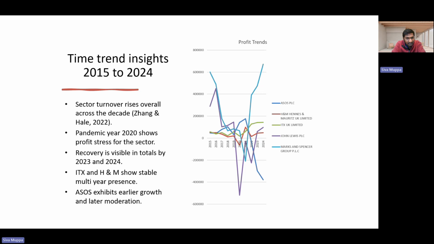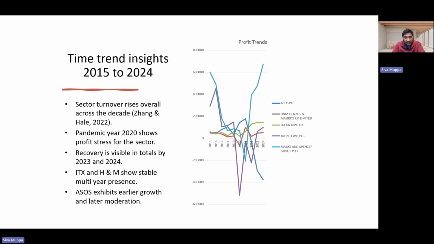Recovery is visible in the totals by 2023 and 2024. The time series suggests that there is an increase in turnover, with disruption approaching 2020, before tax profit becomes negative in the year 2020, before returning by 2023 and 2024 sector total.